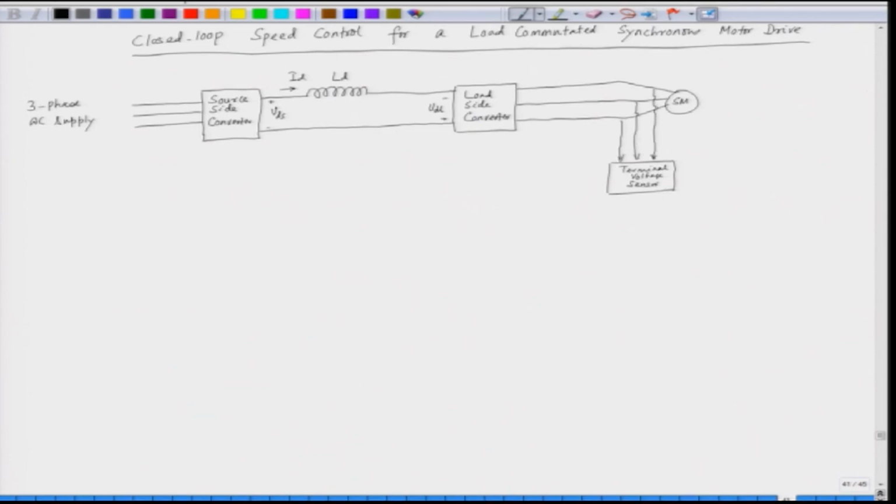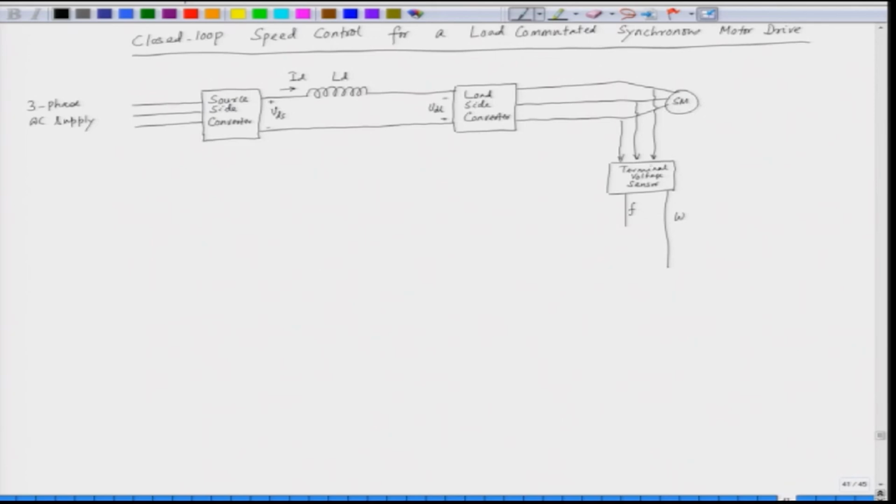We have to synchronize the motor with the frequency. So, what we get here is the frequency of the terminal voltage and of the rotor. We may not have a position sensor here, but the position of the motor can be obtained from the terminal voltage.